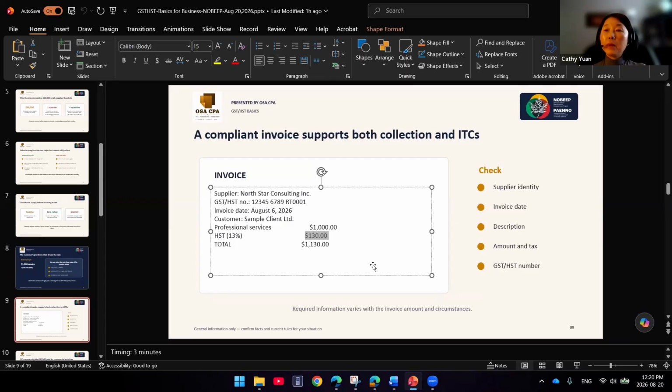We have to buy a computer, an ATM machine, or design a website. Lots of investment, and on this kind of investment we can collect ITCs, input tax credit. They may be big amounts in the first, second, or third year.